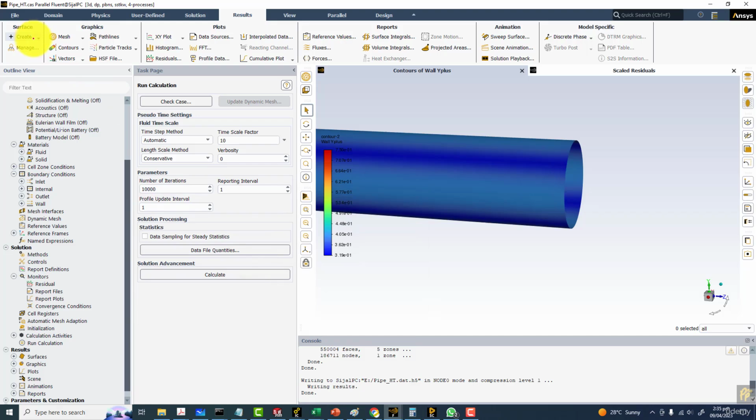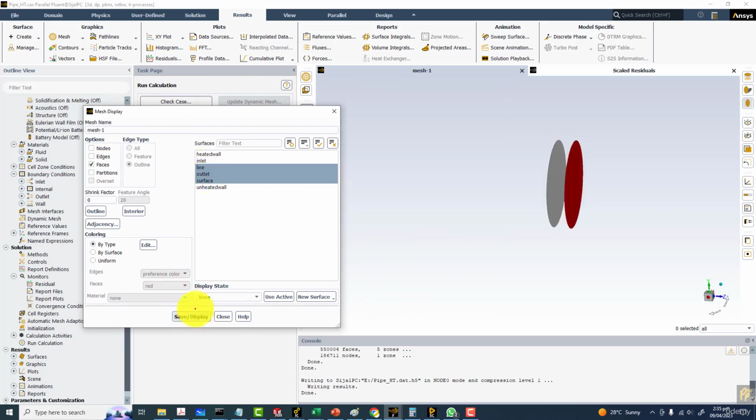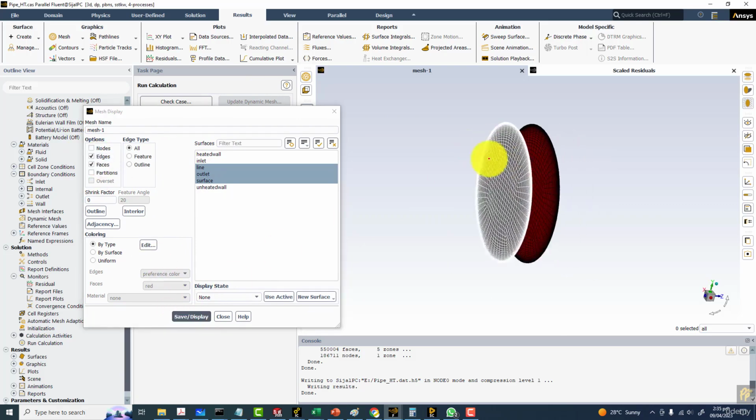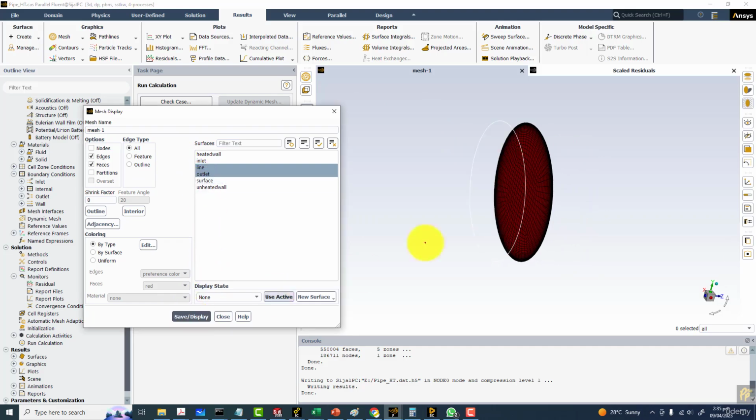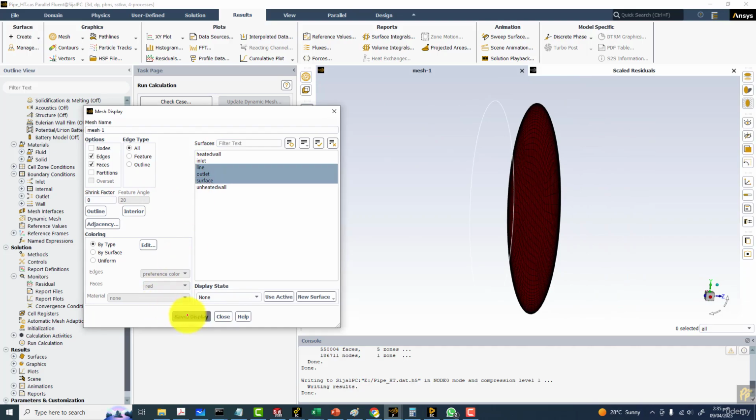If you display this mesh, you will see that this thing is over here. So I display outlet, line and surface, and also edges. You will see this line is over here, and the whole surface is over here.